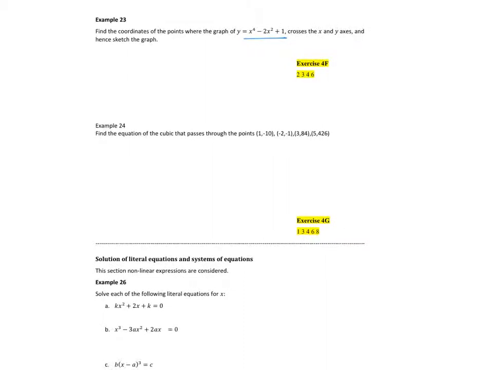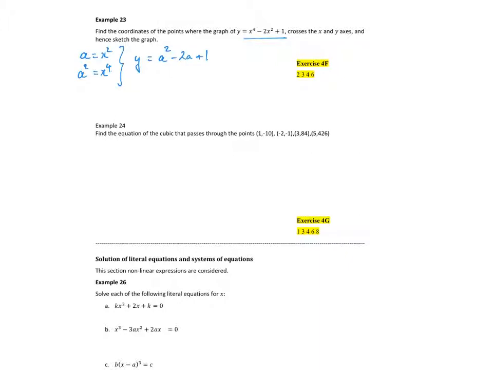So sometimes what helps us is to substitute away the x squared term. If I just do my own little substitution to make it look like a quadratic, say that a is equal to x squared, then a squared is x to the 4. So I could rewrite this as y equals a squared minus 2a plus 1.